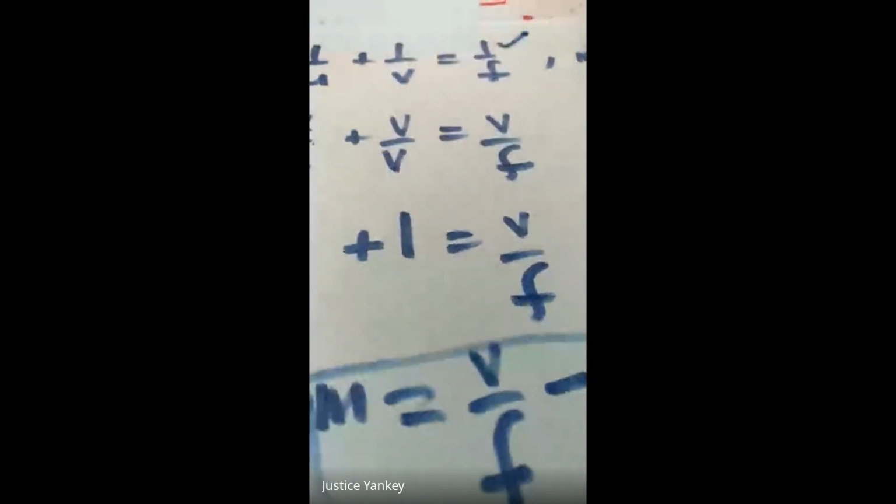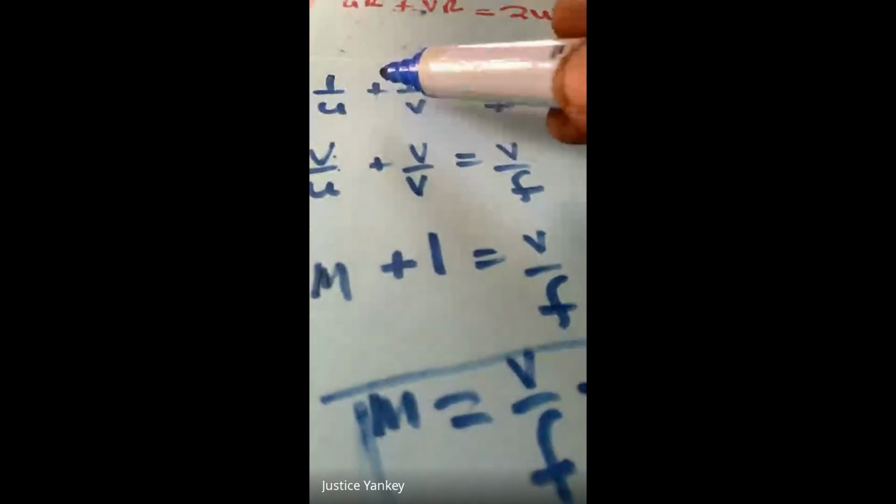But it's enough to have this, that, and that: 1 over u plus 1 over v equals 1 over f. Magnification equals v over u. And when you multiply through the mirror formula by v, you get finally magnification equals v over f minus 1.